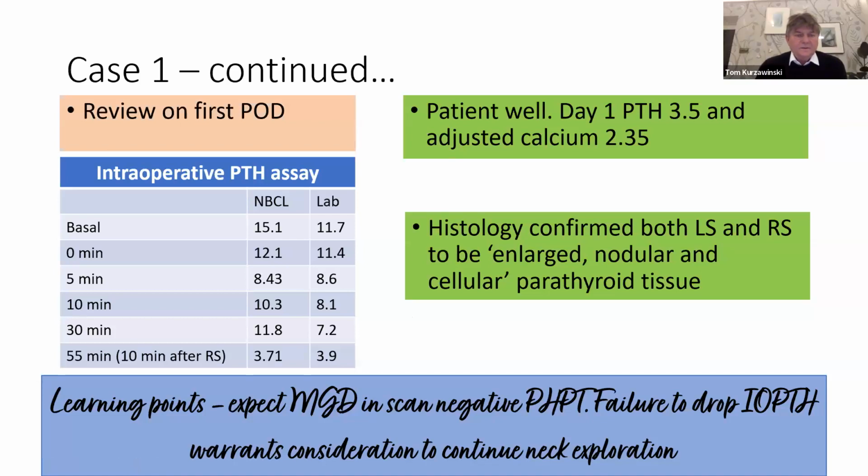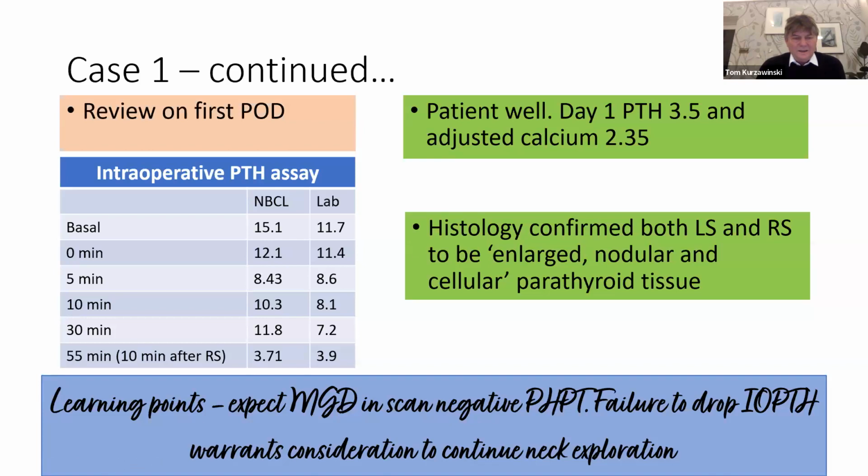I have a comment, Saba. What I do when all the scans are negative and you are really going for a bilateral exploration, I would never remove the glands on the first site. Because you very well described the situation. You cornered yourself into the two glands removed, and the third one was looking normal, and the fourth one was not seen.